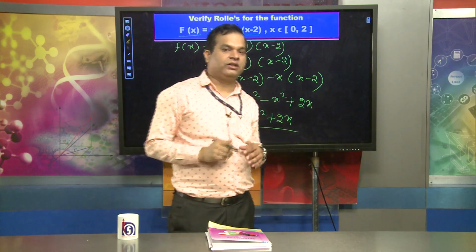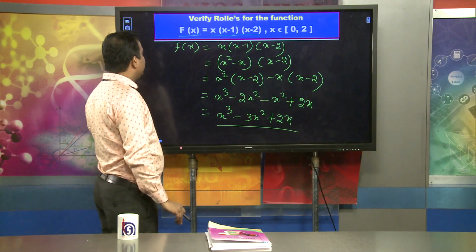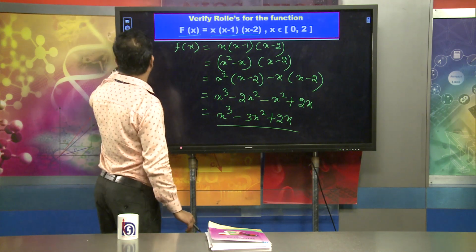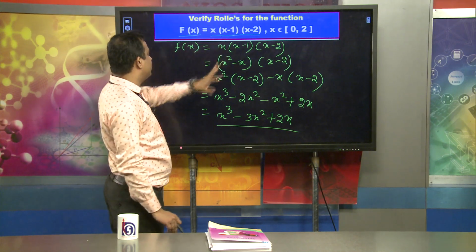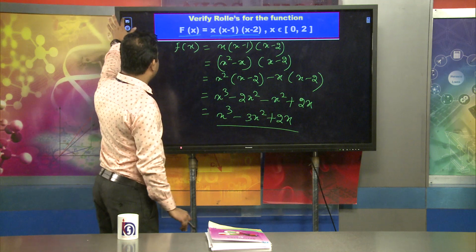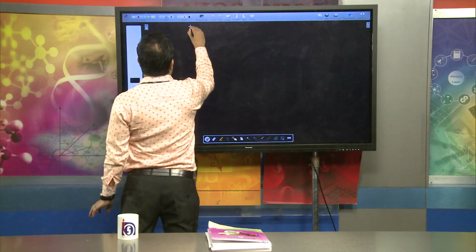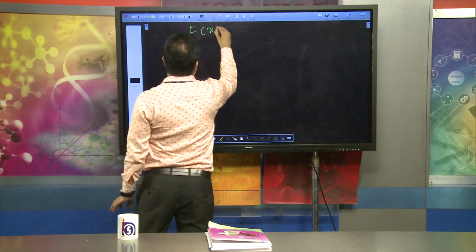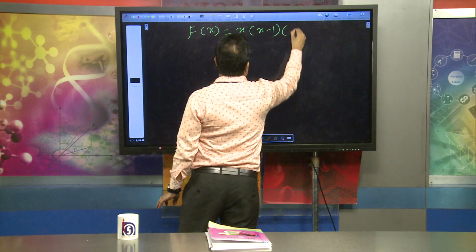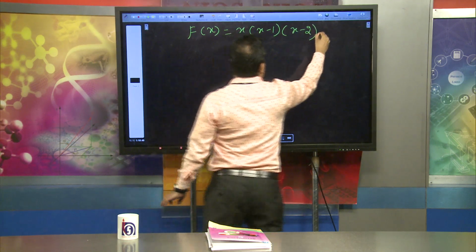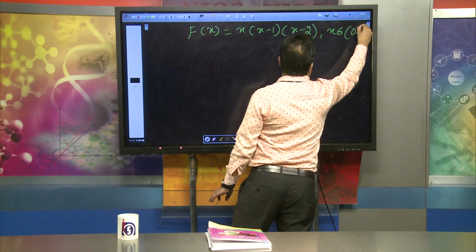The first condition. When we check, the function is f(x) equals x into (x minus 1) into (x minus 2), where x is an element of [0, 2].